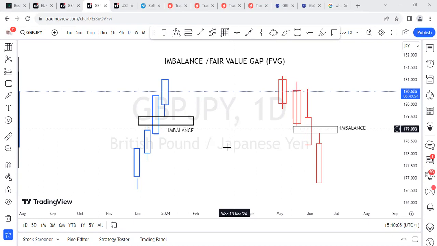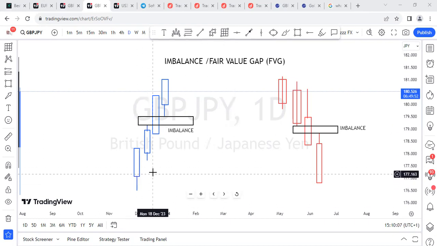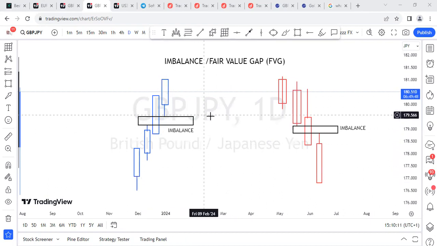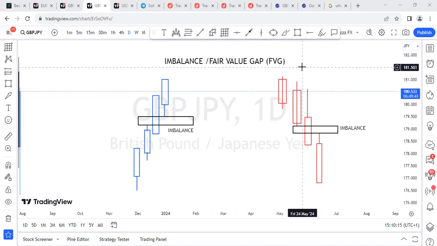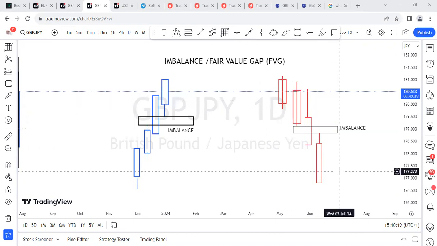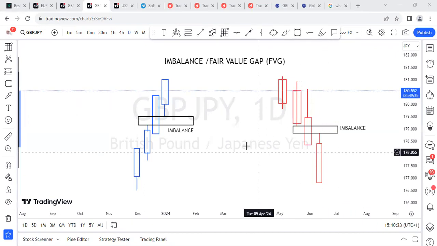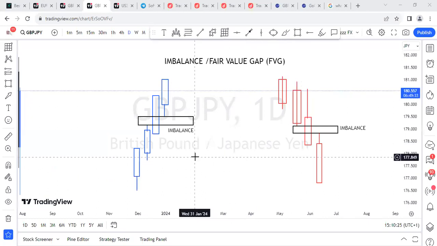For instance, in the case of a buy, it signifies an excessive demand or buys in the market. And in the case of a sell, imbalance signifies excessive sales, or supply, in the market. And how does it look in the Forex market for those that are not familiar with it?